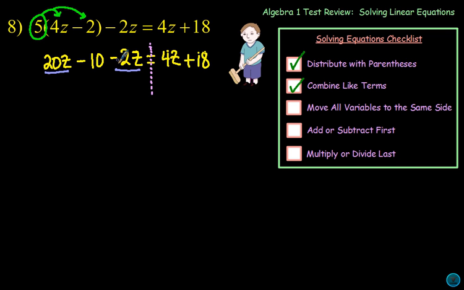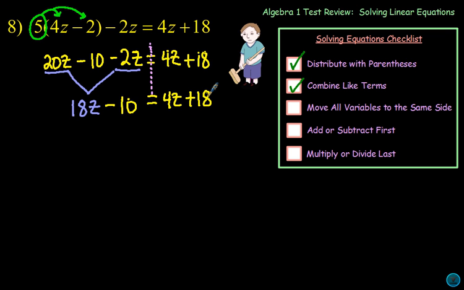Then ask yourself, how many more positives do you have than negatives? You've got 18 more positives, so that would be 18z. Again, we're making one move per turn, copying everything else down. We've got our equals, and 4z plus 18.